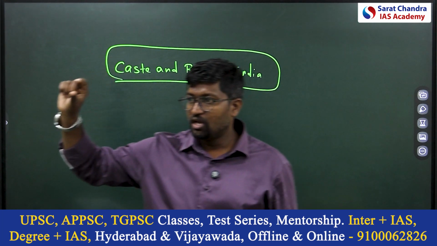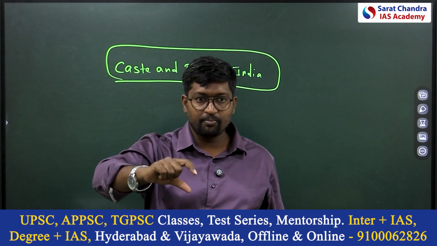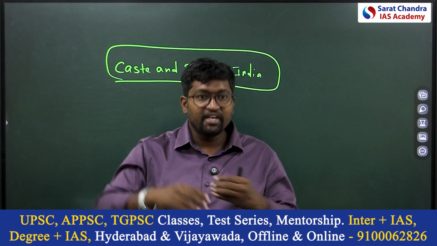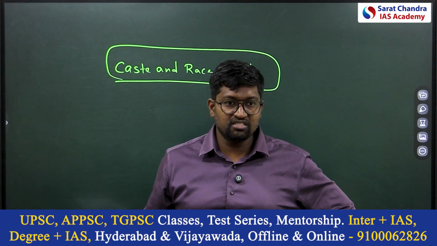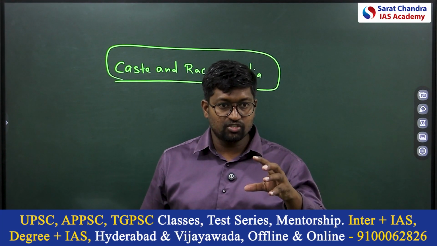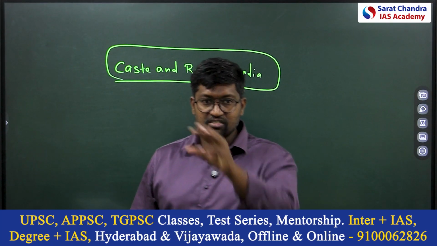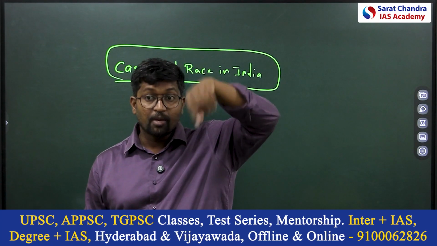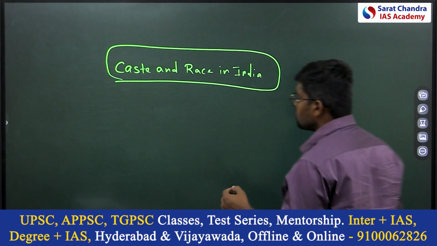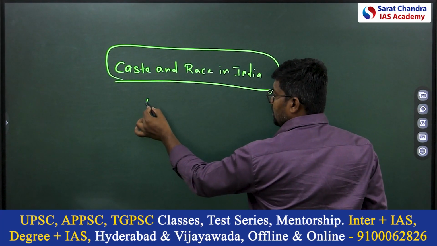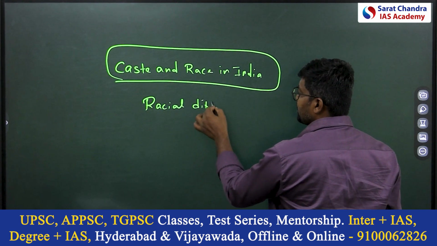Diffusionism is when people from one place came to a different place and subordinated the people there. The homeland of the original Aryans is Europe and Persia. Now Iran is there, no? That region. So this is the concept of racial diffusionism.